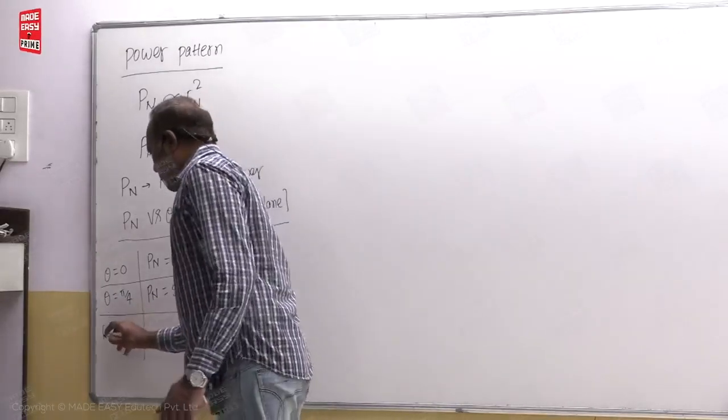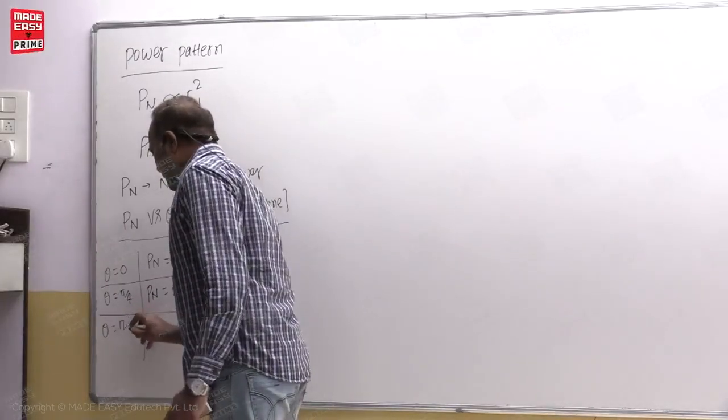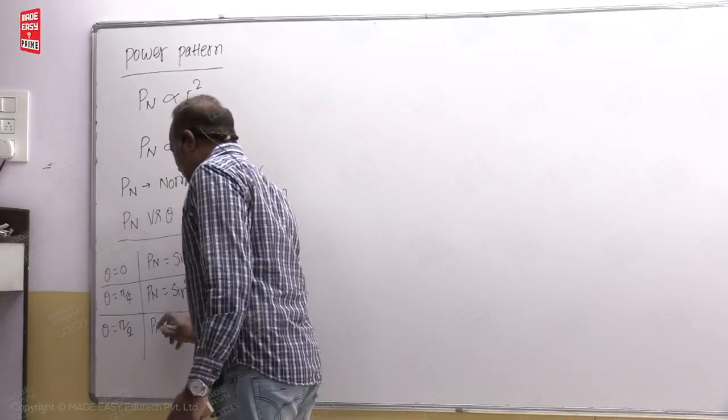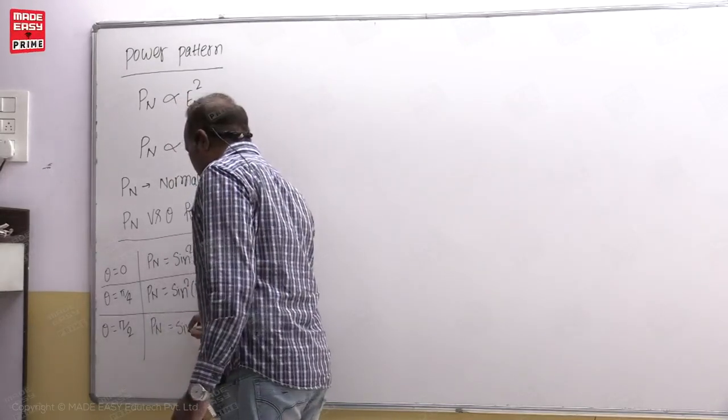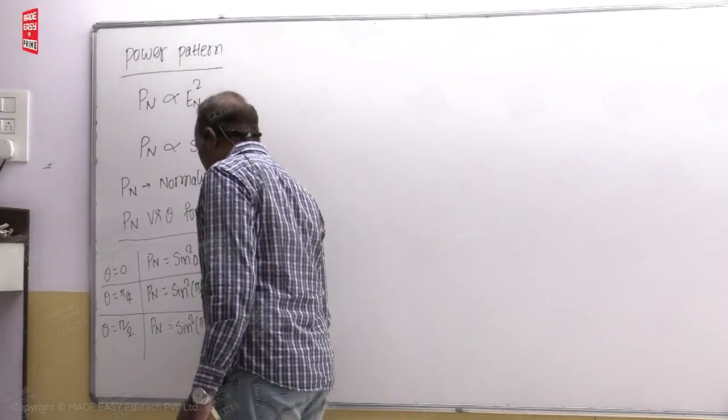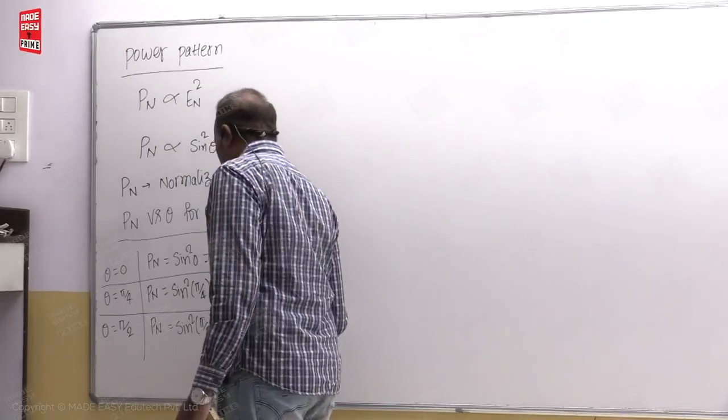Theta equal to 90 degrees: normalized power sine square pi by 2 is 1.